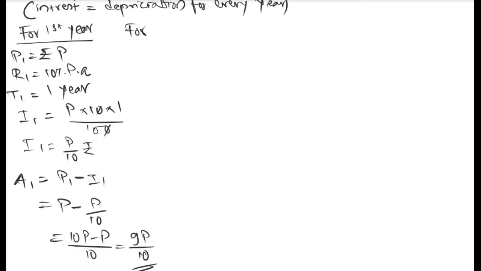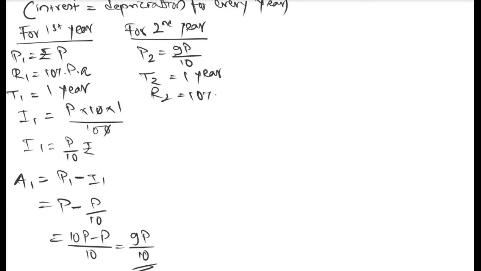For the second year, we have to find the depreciation during the second year, that is I2. P2 is 9P by 10, T2 is 1 year and R2 is 10% per annum.